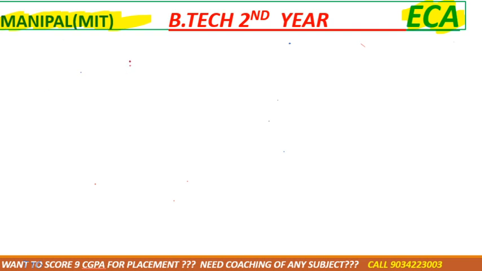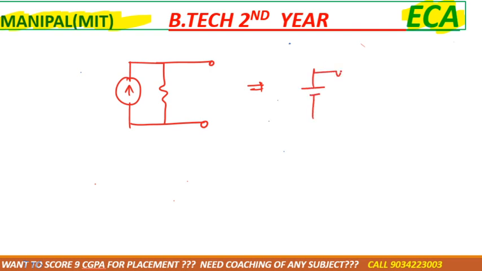If we convert the current source into the voltage source, then our mesh will be reduced, right? Because here we have two meshes, but in this case we have only a single mesh, so it is reduced.